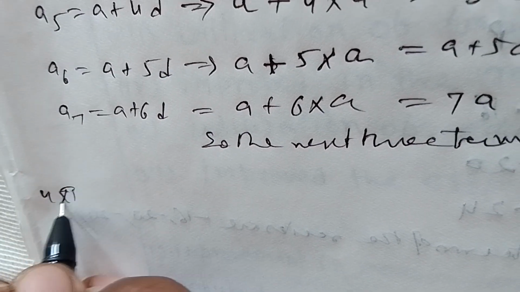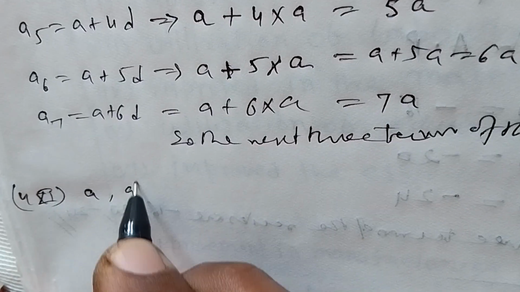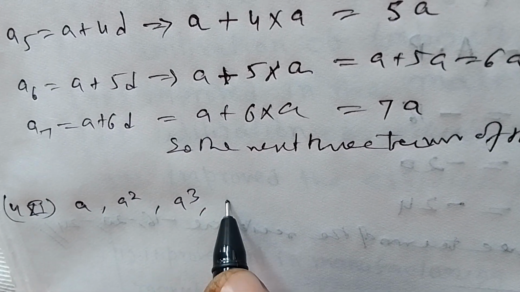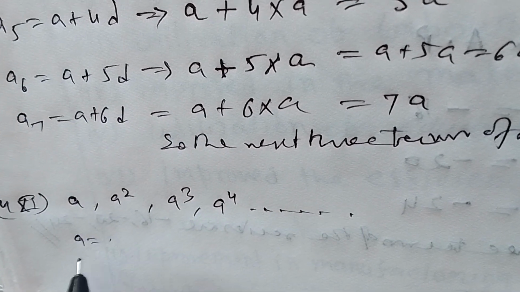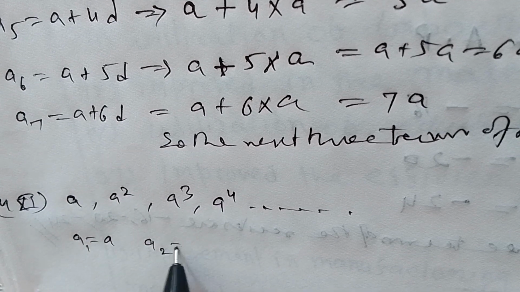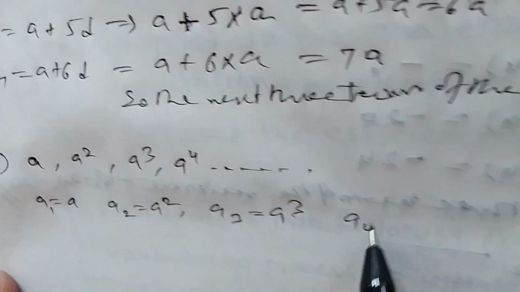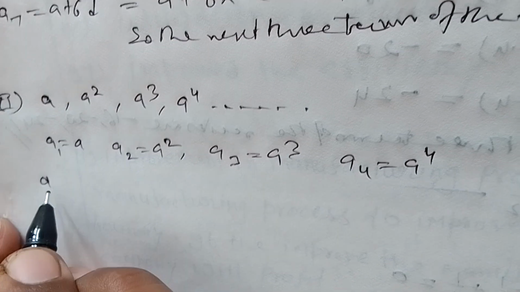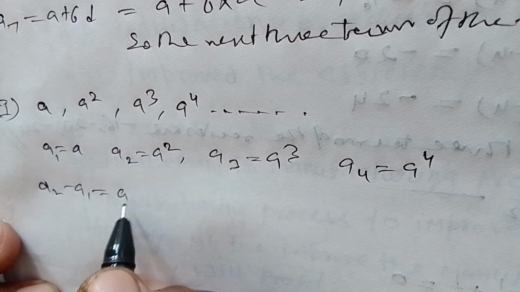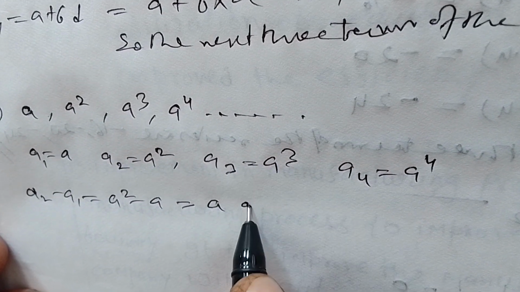Now the 11th part of the question, that is A square, A cube, A power 4 and so on. Here A1 is equal to A, A2 is equal to A square, A3 is equal to A cube, A4 is equal to A to the power 4. So A2 minus A1 comes out to be A square minus A, which is A times A minus 1.